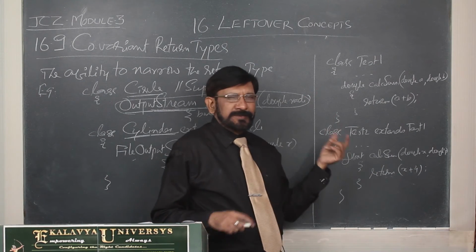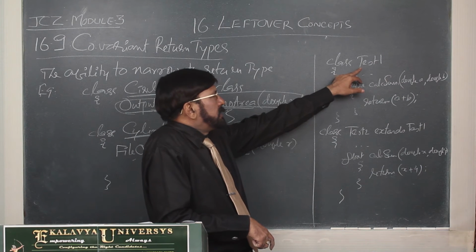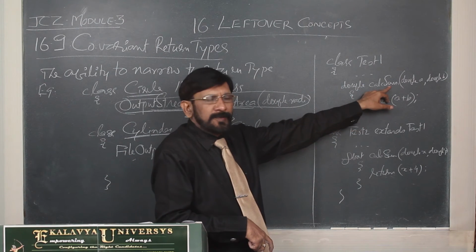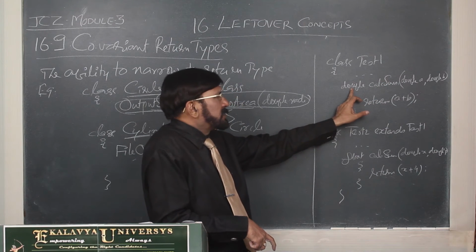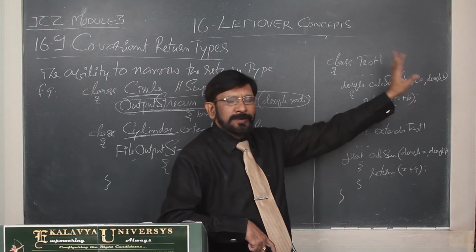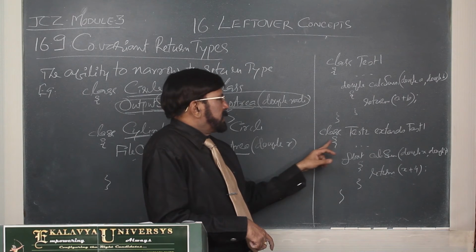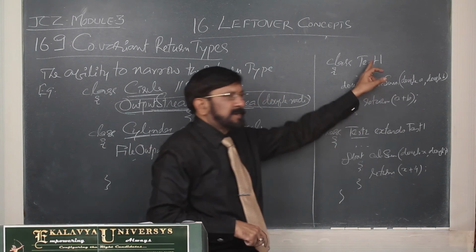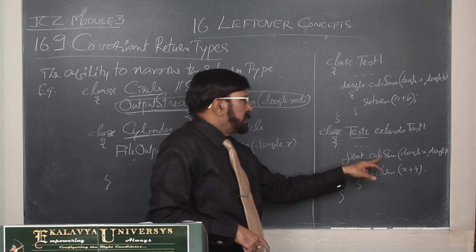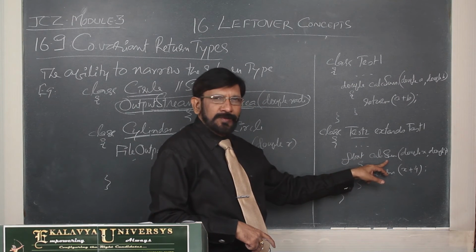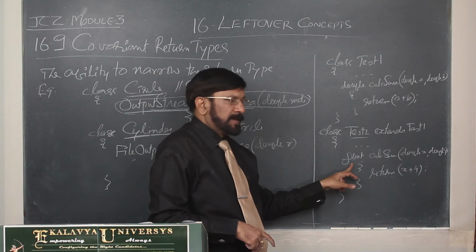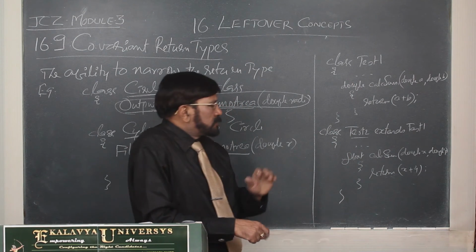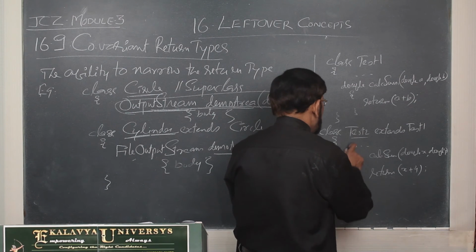Suppose, a simple example I am giving you here, Test1. In this, calculateSum is one method you have defined; its return type is double, and it takes double a and double b. Thereafter, Test2 is the subclass of the Test1 superclass. In that, calculateSum we are writing with float; it does not accept that. So you must write double only.